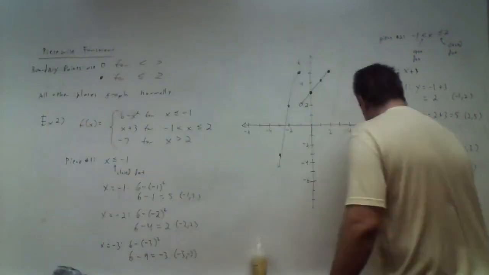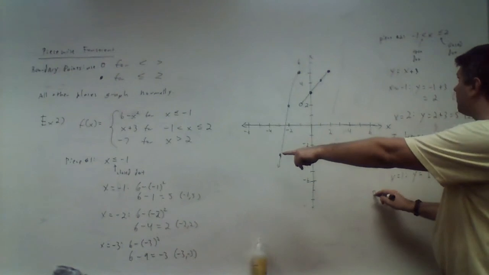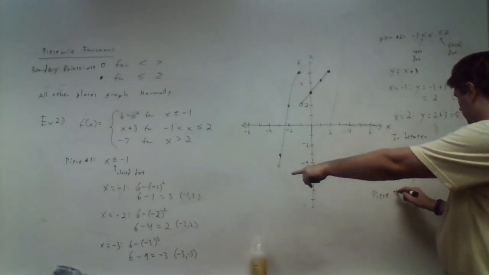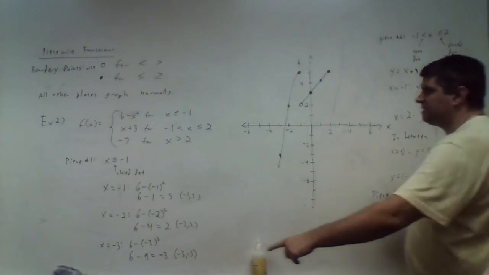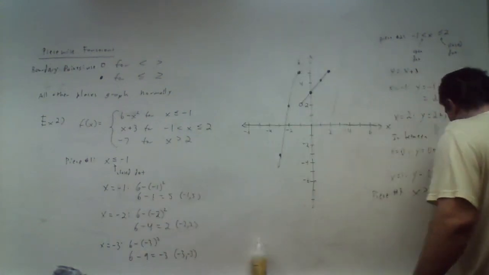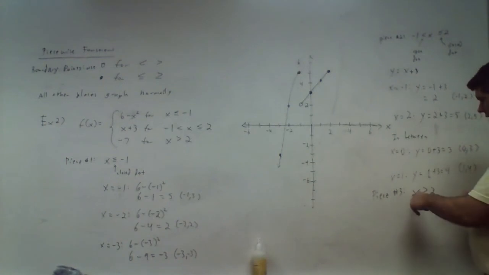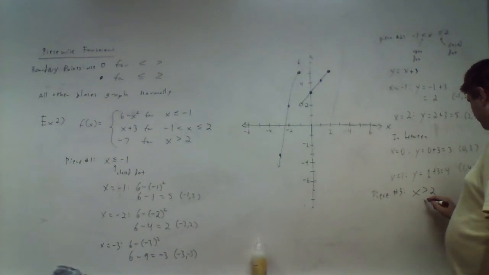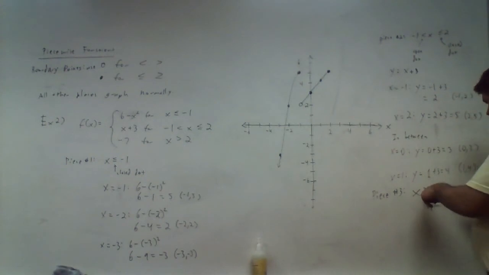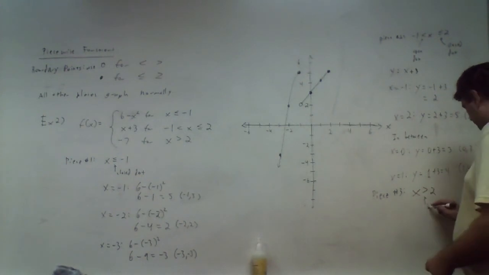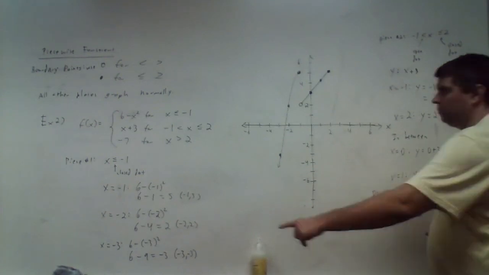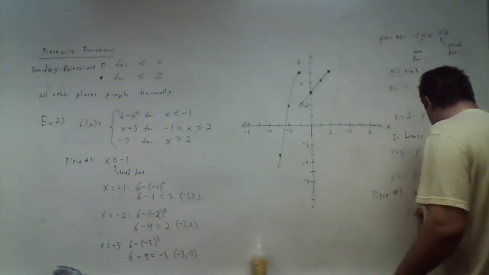Finally, piece number 3. At piece number 3, we have x is greater than 2. Okay, and that's going to be an open dot because it's not or equal to. And the rule is y equals negative 7.